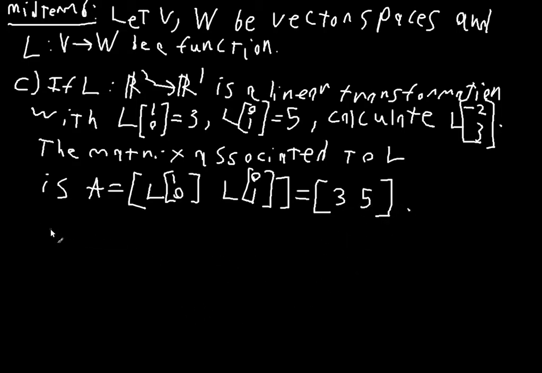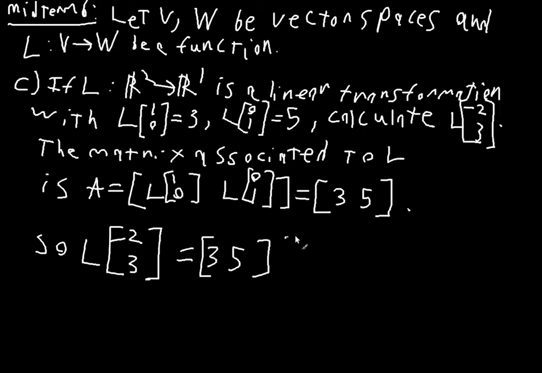All right, so we also know how to calculate any point of the linear transformation given its matrix. We get that L of minus 2, 3 is the same thing as multiplying by this matrix, 3, 5 times my vector, which if we do the arithmetic, we get this is minus 6 plus 15, which should be 9.